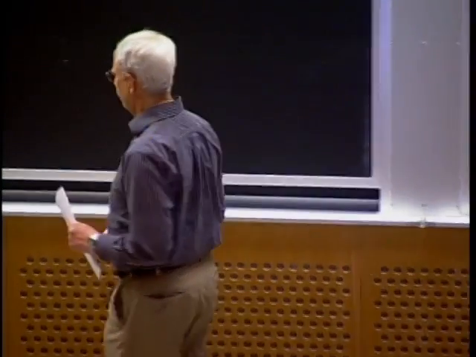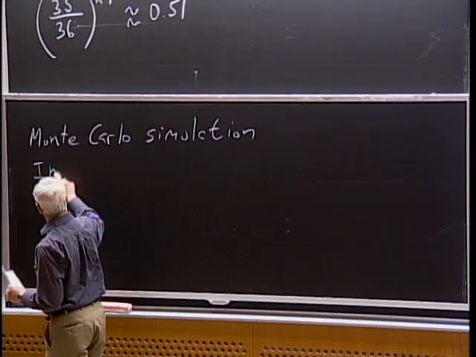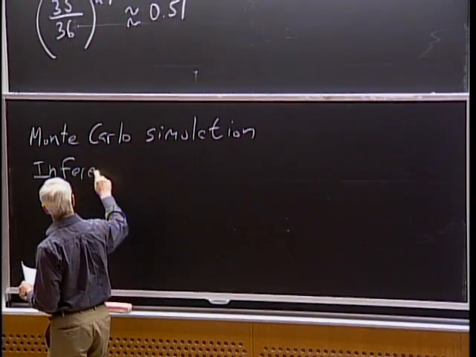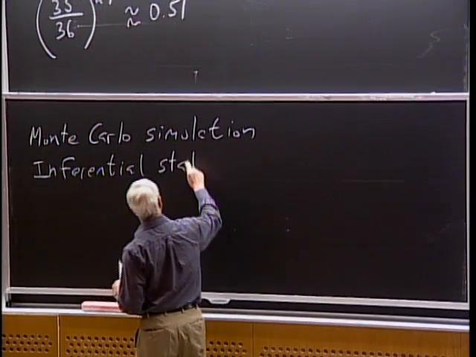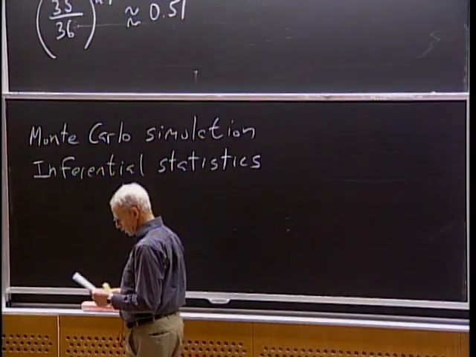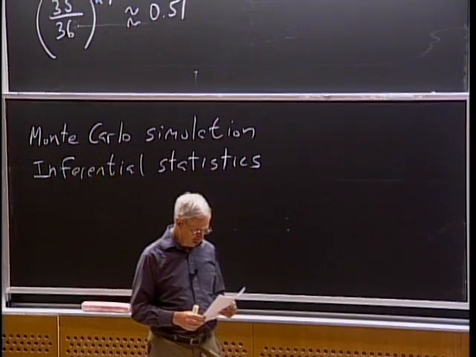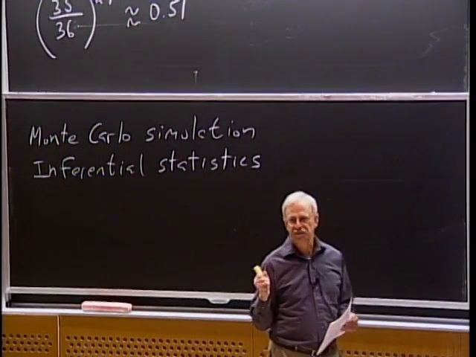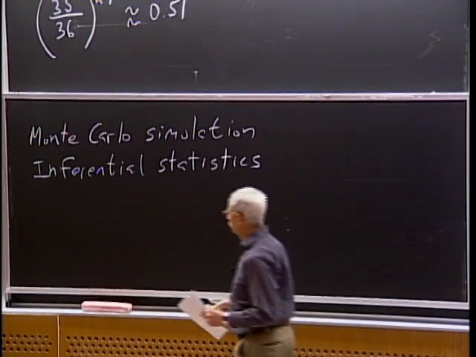Monte Carlo simulations are an example of what's called inferential statistics. In brief, and I am going to be brief because this is not a statistics course, inferential statistics is based upon one guiding principle.